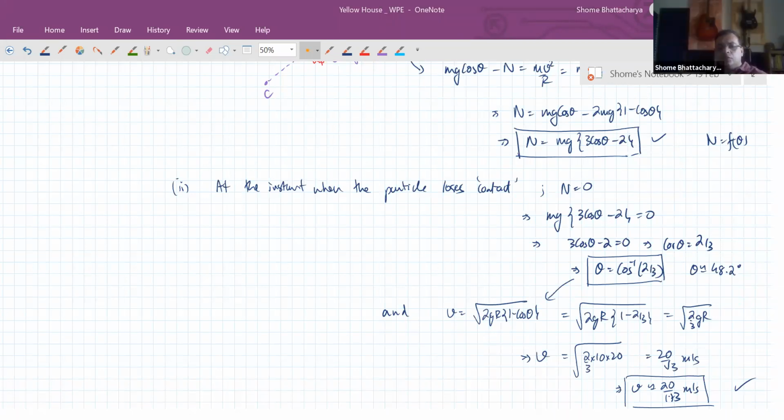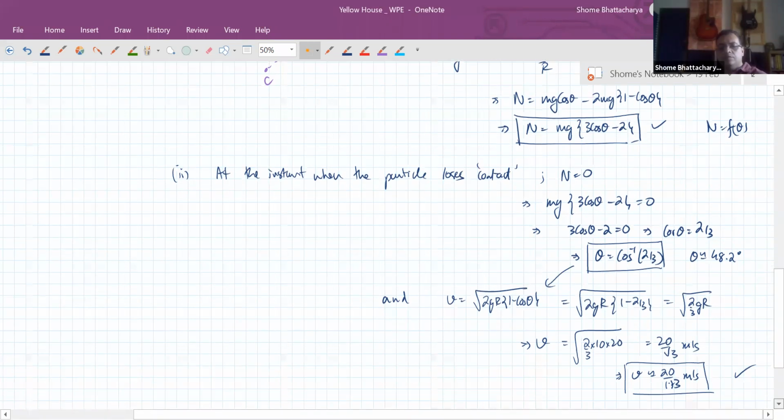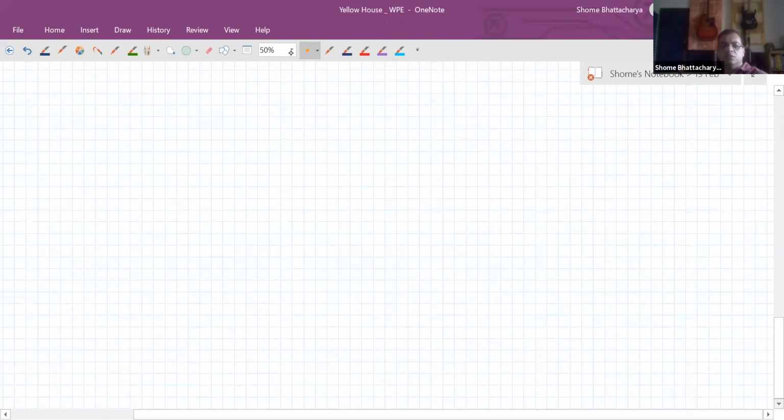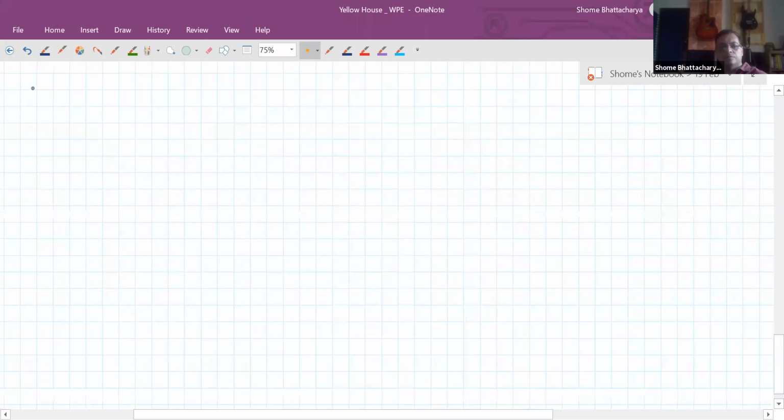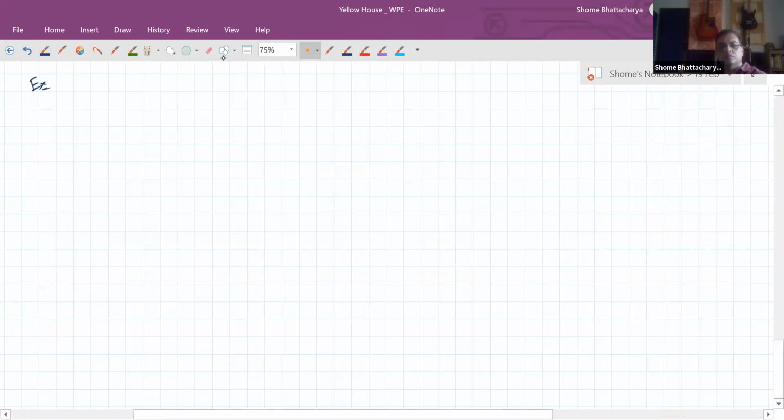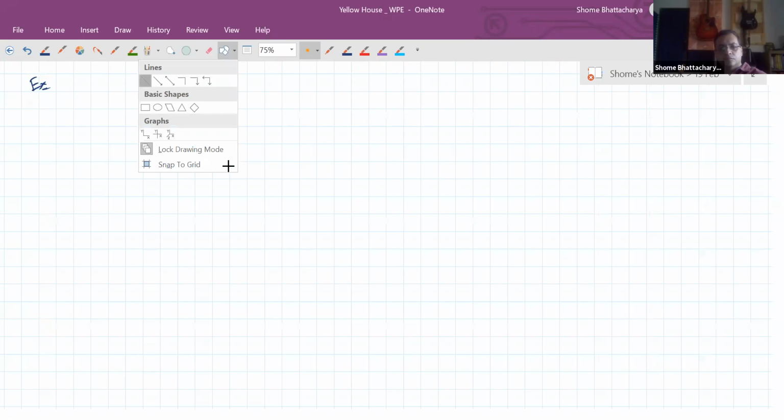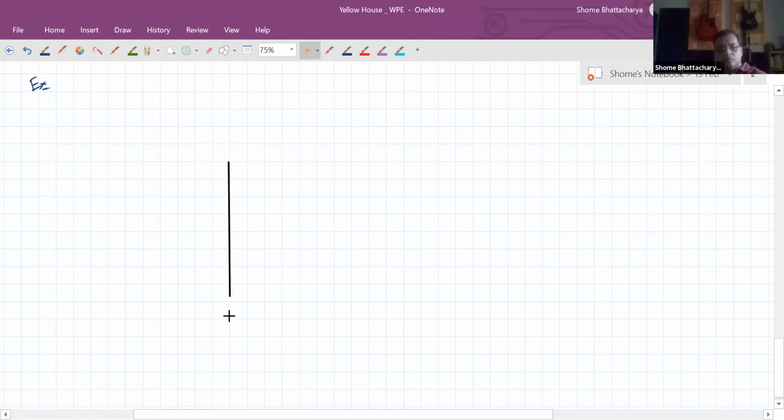So hope this question is clear to all of you. Now let's look at another type of example involving vertical circular motion. So this time we have this light thread which is fixed at this point P, such that it can go around this.